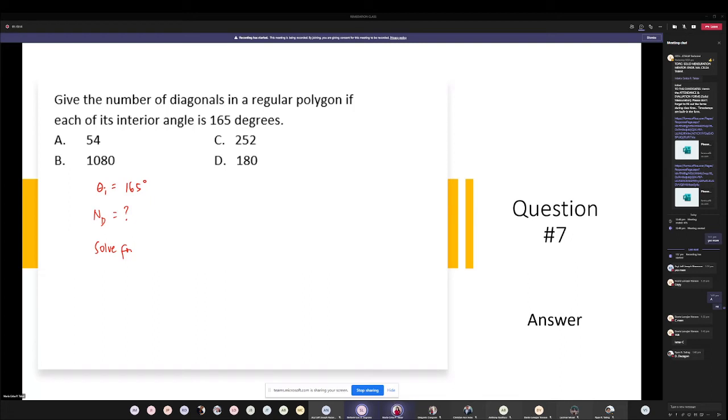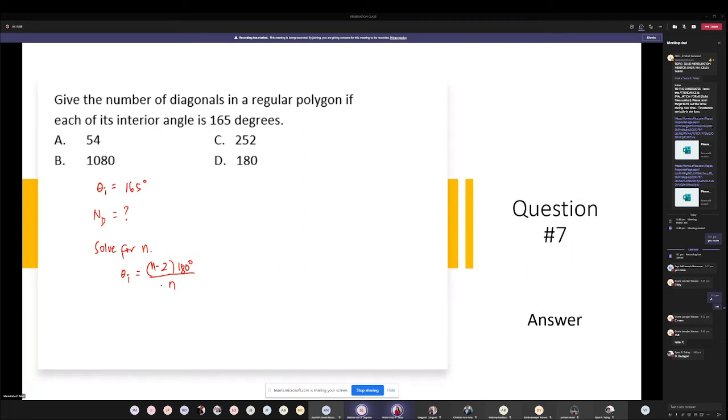Either you go to the exterior angle equation, or you stick with the summation of interior angles. Let me show the two equations and then choose the simpler one, with a lesser chance of getting an incorrect value. If we solve for n using the formula n minus 2 times 180 degrees divided by n, we need to have a quadratic equation.